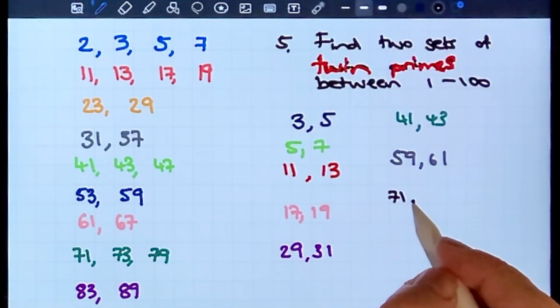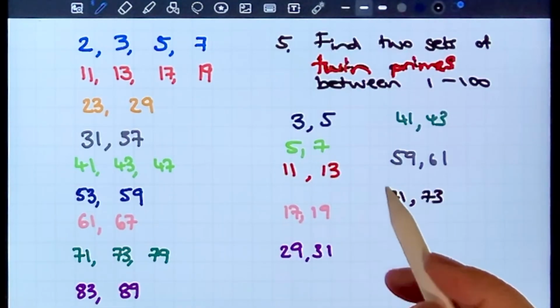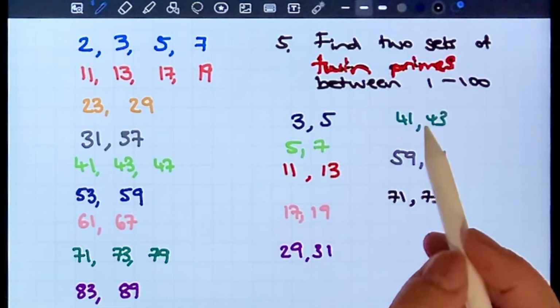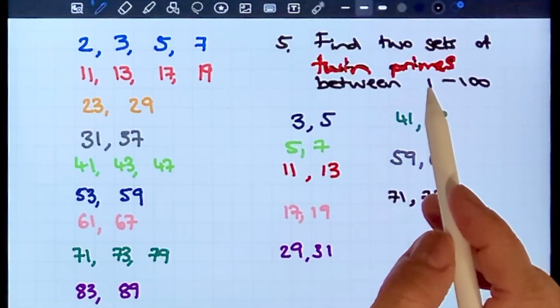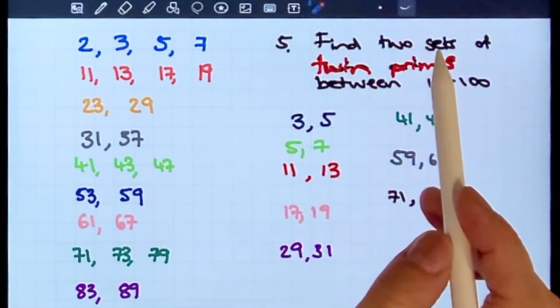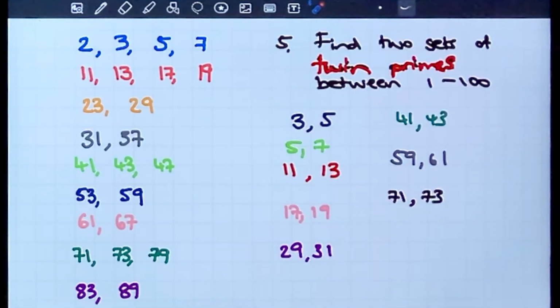And 71 and 73, separated by 72. So all of these are examples of twin primes that are between the numbers 1 to 100. So there's quite a few sets. I mean, we only had to find 2, so any 2 of these would work.